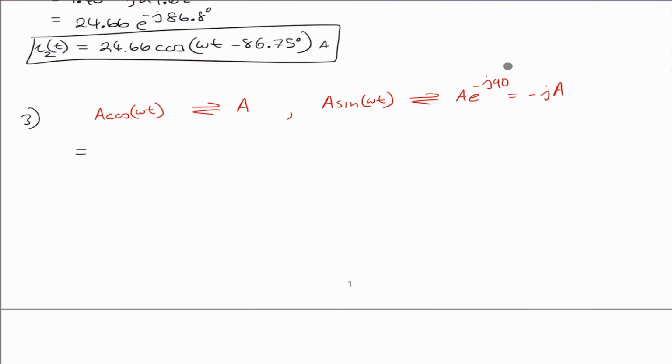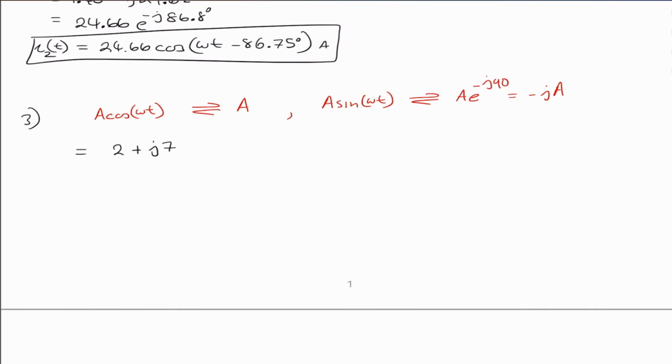By using our time domain to phasor domain relationship, 2 cosine of 5t is equal to 2, because 2 cosine of omega t is going to equal a, where a is the coefficient 2. Minus, and because a sine omega t simplifies to negative j times a, where a is 7, the minus is going to turn into a plus, and it's going to be j7.